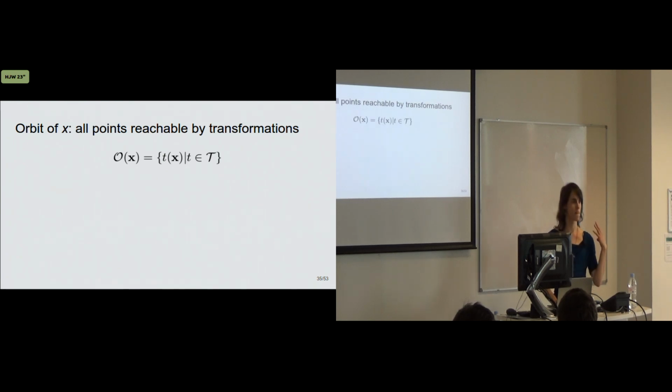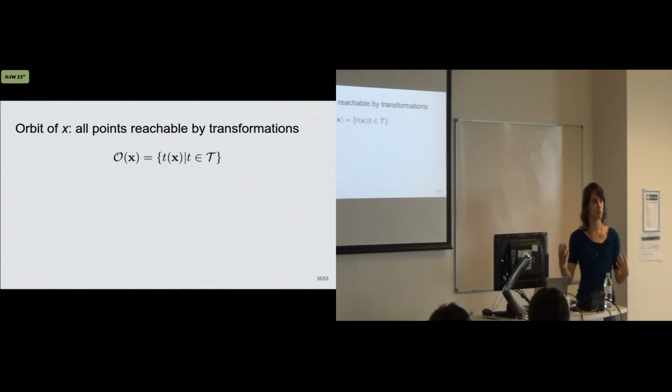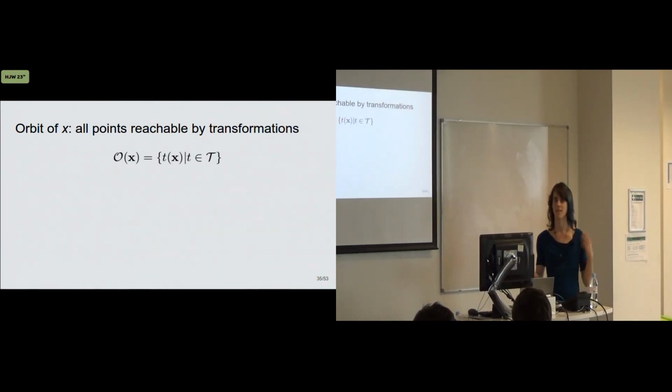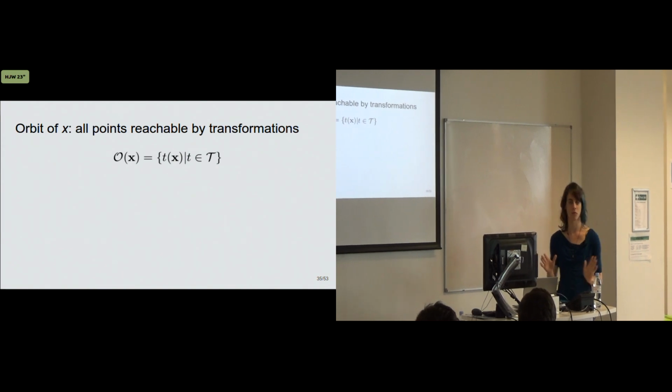So this now allows us to think of the concept of an orbit. Orbit is a function of a point, and it's the set of all points that are basically equivalent to this point under our invariances. So it's the set of all points that you can reach from the point whose orbit you want to calculate by repeated application of all the transformations under which you want to be invariant.